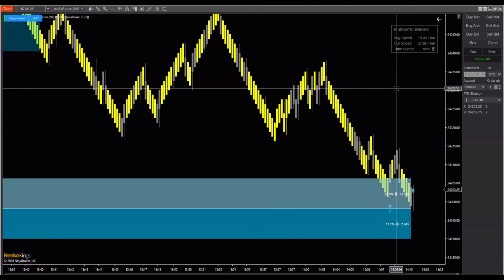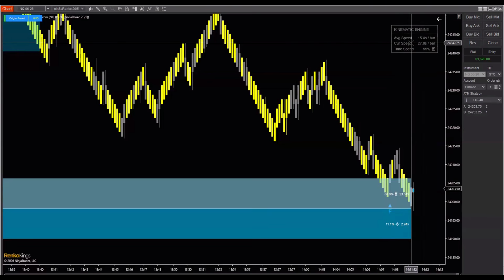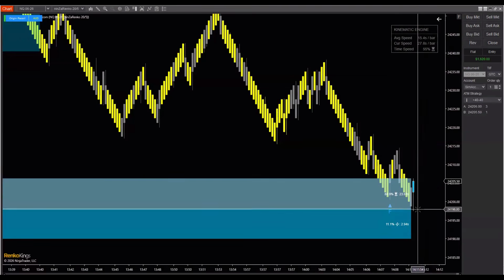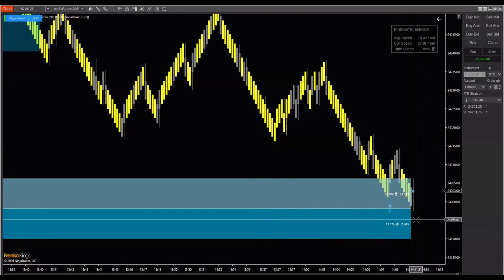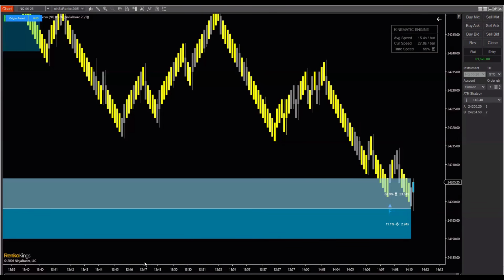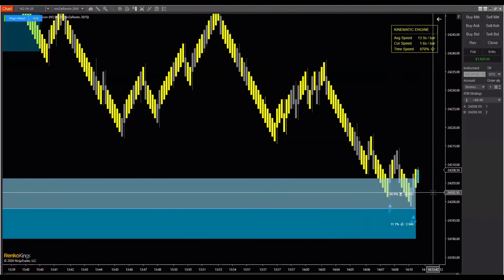So the current speed is slower than the average speed, which means there is less participation. The whole idea here is we don't want to participate when there is a small amount of participation. We want to participate when orders are taken quickly, because this means there is more interest in the current price, and we could see a pretty substantial move away from this zone.